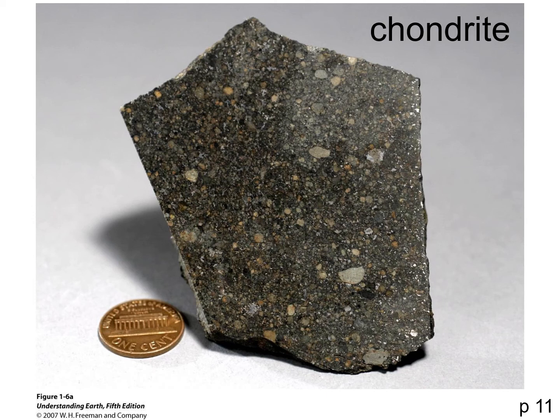And we think this is basically the planetary nebula material, the stuff that the Earth and the other rocky planets are made of in bulk as rocks. And these all date to a time at about a little more than 4.5 billion years ago. And these are some of our key evidence for how the Earth formed.